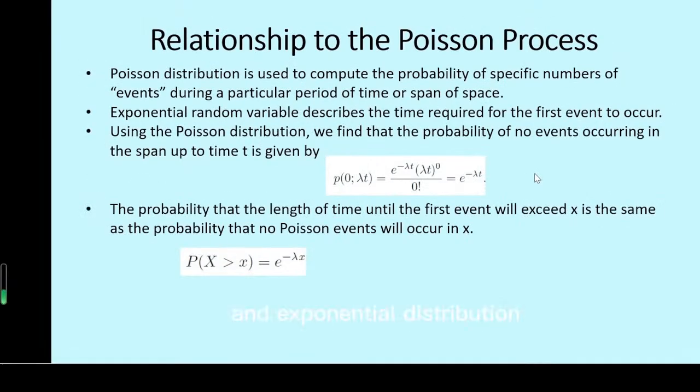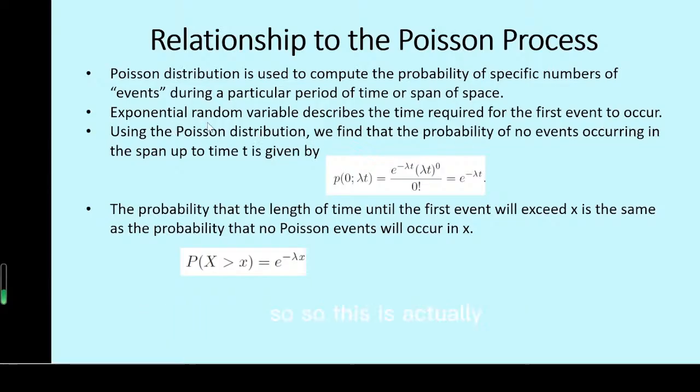And the exponential distribution and gamma distribution are both related to the so-called Poisson process. So we know the Poisson distribution is used to compute the probability of specific numbers of events during a particular period of time or space or span of a space. So the exponential random variable describes the time required for the first event to occur.